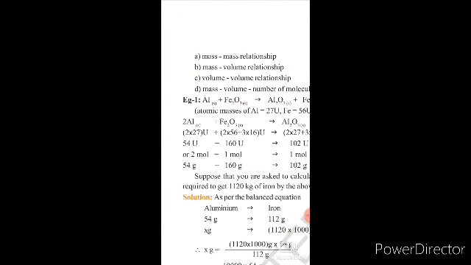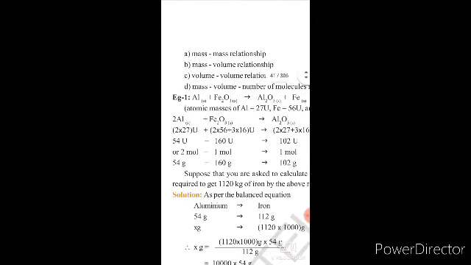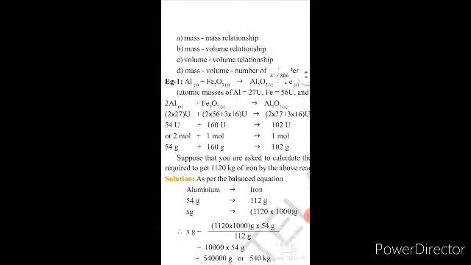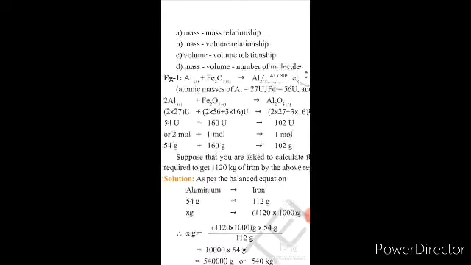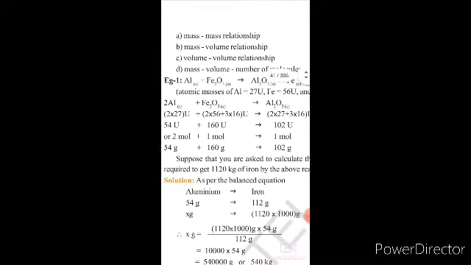Just like that, iron 56 into 2 plus 3 into oxygen weight 16. After finding the weights of these compounds, 2Al is 54 unified mass, and Fe2O3 total mass is 160 unified mass.